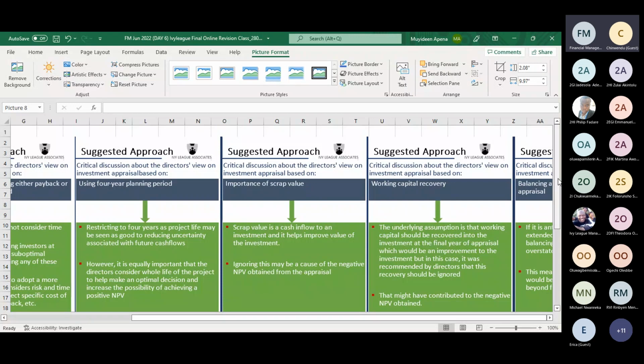Okay, so you use it to improve the value of the investment. But in this case, the directors are saying the working capital recovery should be ignored. And the implication is that this will then undervalue the project, which may also be the reason why we have recorded a negative NPV on this project.